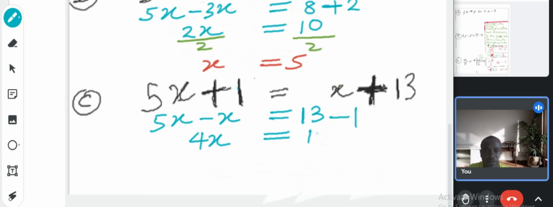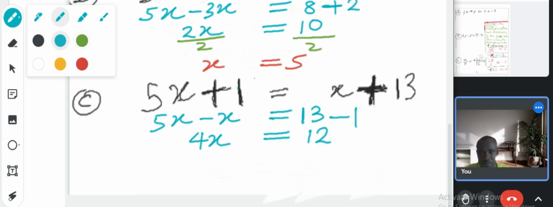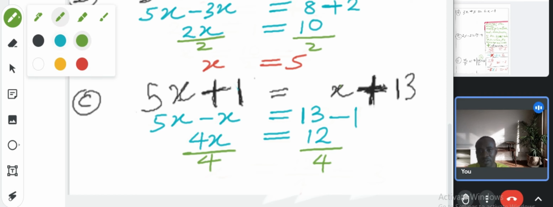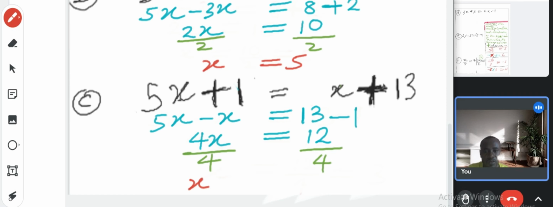I think that's 12, right? So what do we do at this point? We divide both sides by 4, and that will give us x equals 3.